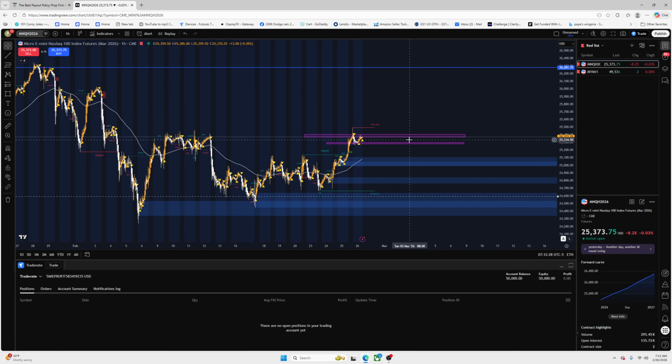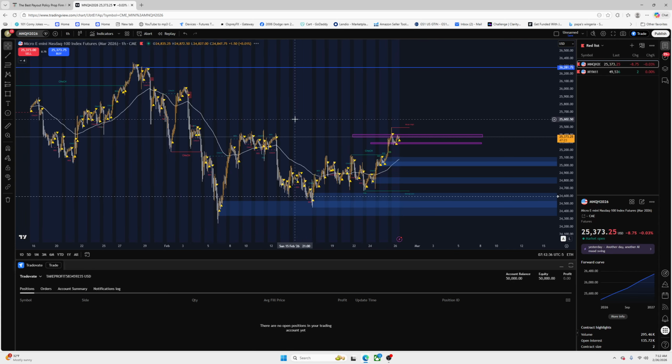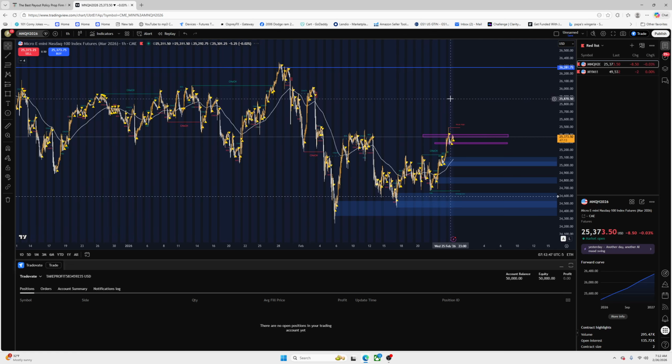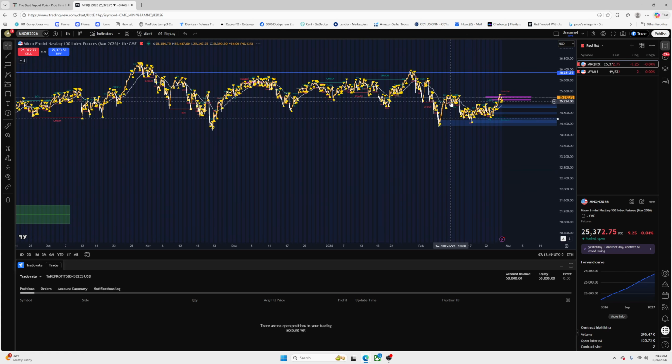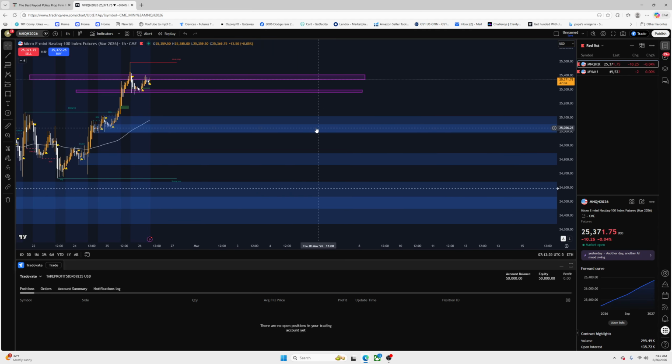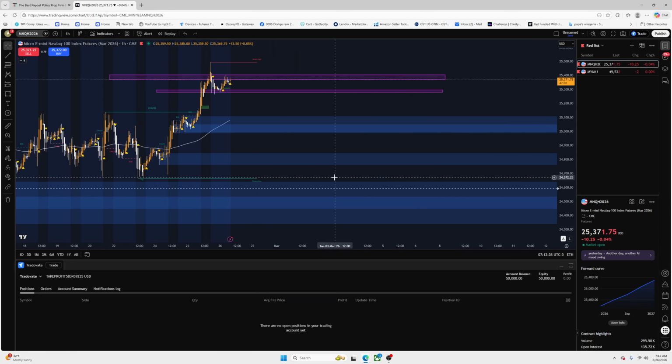It's either gonna respect it and go back down, or it's gonna completely obliterate it and start flying up and target either here, here, or here. Yeah, that's what it looks like for the most part. But like I said, all we gotta do is wait on market structure and see what's going on.